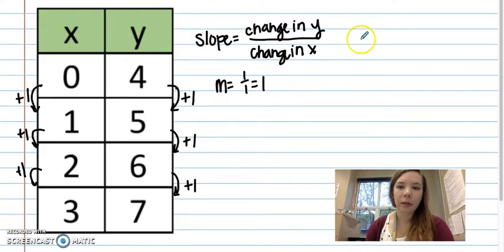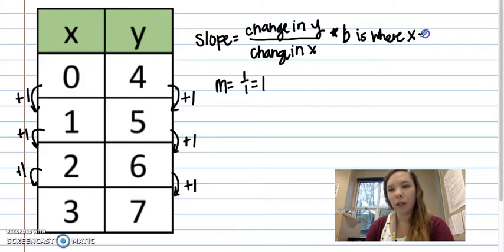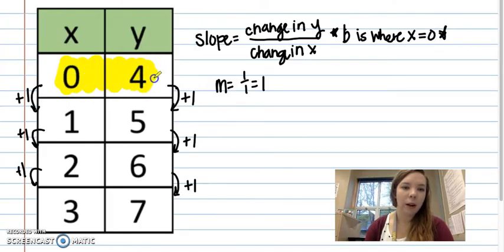My y-intercept, so we'll say b, is where x is equal to 0. So if we look at my table, x is equal to 0 here, and y is 4, which makes b equal to 4.